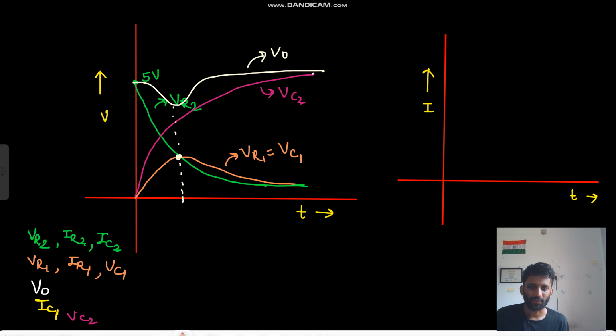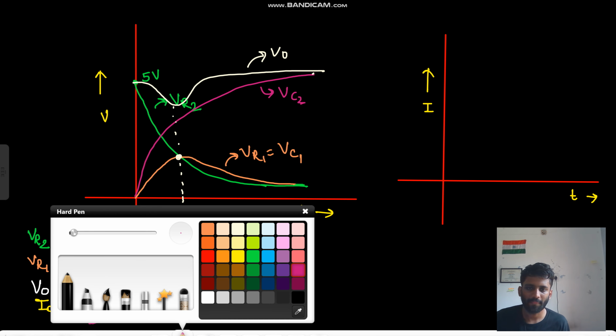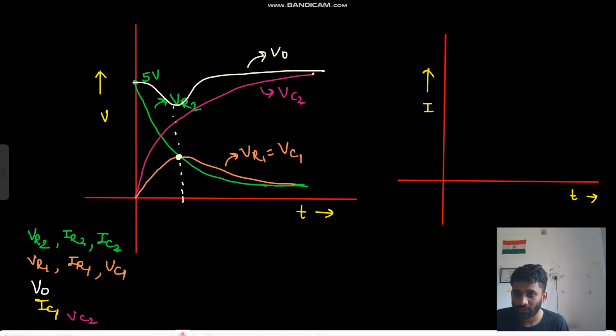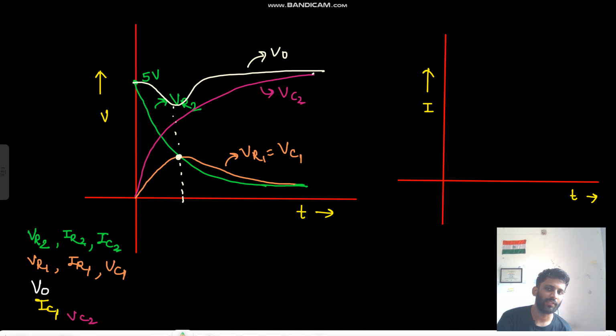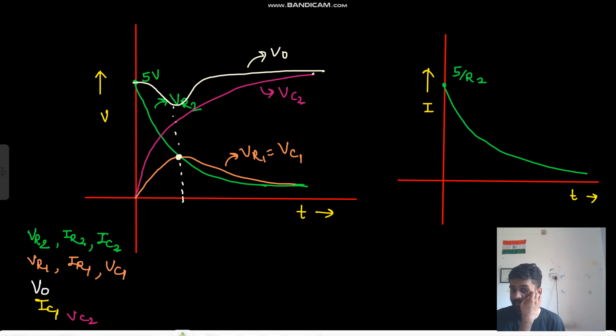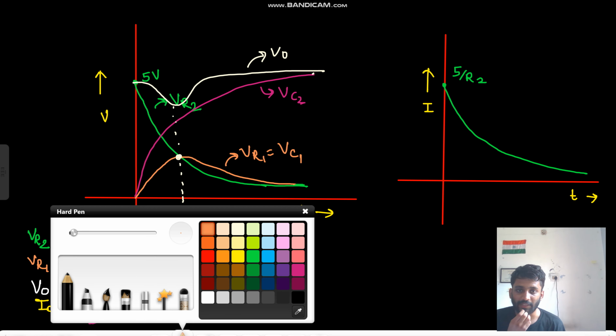Talking about the current, first we will talk about current IR2. IR2 will be in green color. Initially it was 5 by R2 and it keeps on decreasing. Then talking about current IR1, that will be in brown color.